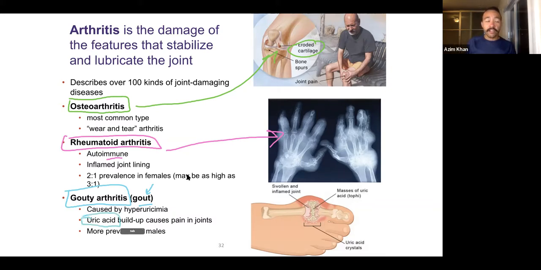Normally, uric acid does not form in our bodies. Normally, it's this soluble form called urea. Urea dissolves in water and gets into our urine, and we eliminate it. But if urea builds up so much in your body because you have an imbalanced diet, it can crystallize and form something called uric acid.